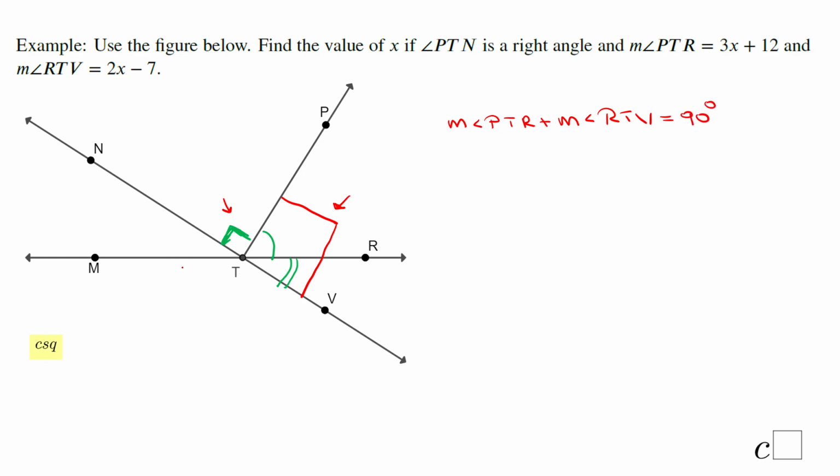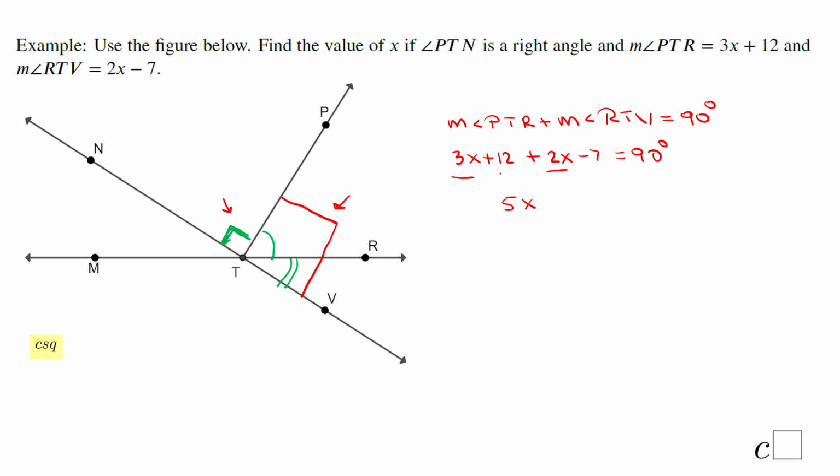You see, I have the first part of my geometry is in the picture. I kind of took it from the picture. But now I'm going to replace this with the measure expressions, and we have 3x plus 12 plus 2x minus 7 equals 90 degrees. And we have here 3x plus 2x, which are alike, that is 5x.